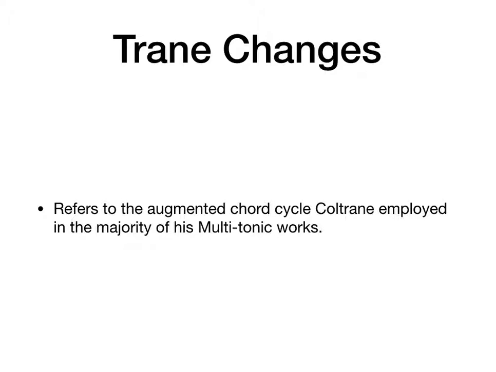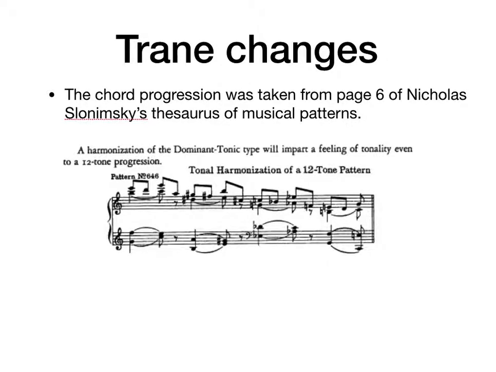The augmented note grouping itself is a mode of limited transposition. As we know, we can only transpose that 4 times. And it's even, it's got symmetry to it, so there's no tonality there. So that's what Coltrane was doing when he was employing these multi-tonic changes. Let's look a little bit more at how he actually applied them.